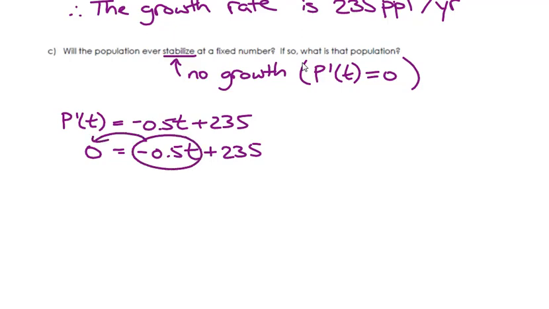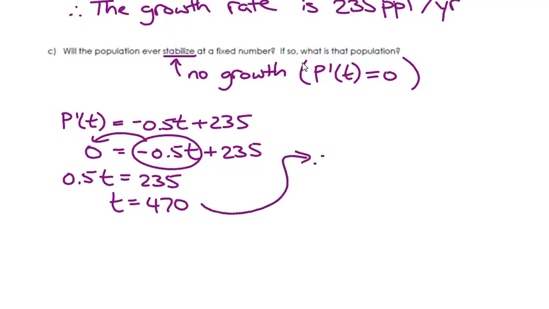So bring that over to solve for t, and you get t is 470. That means that in 470 years from today, you're going to get a stable population.